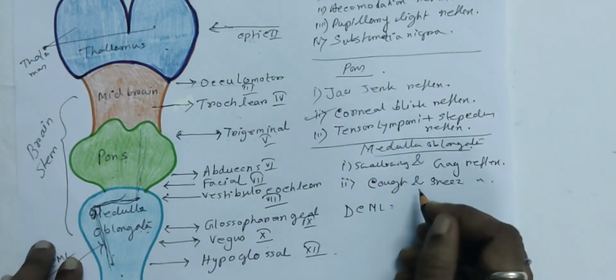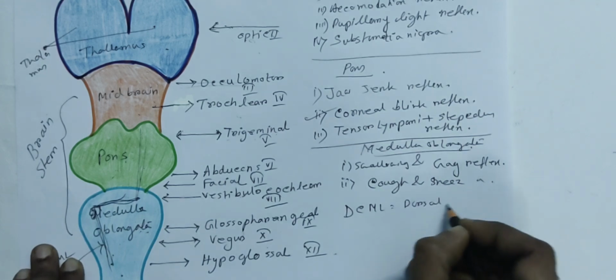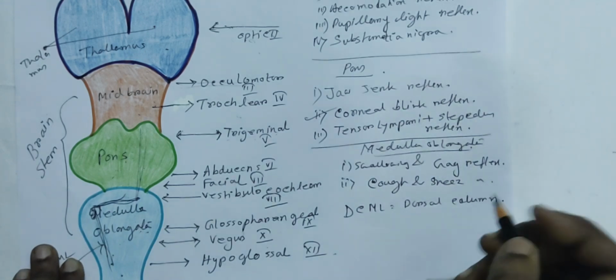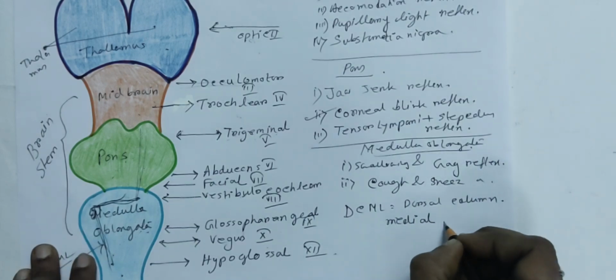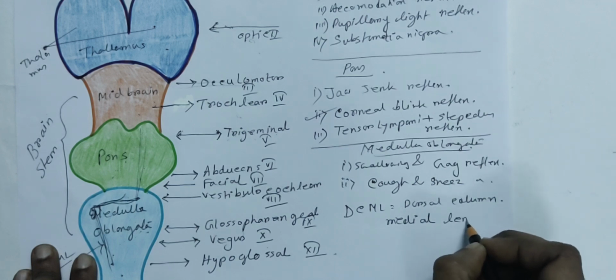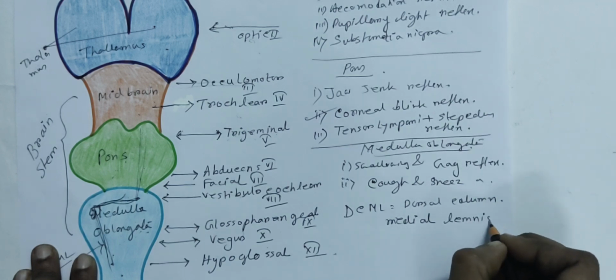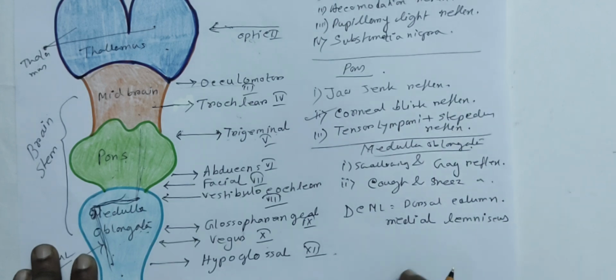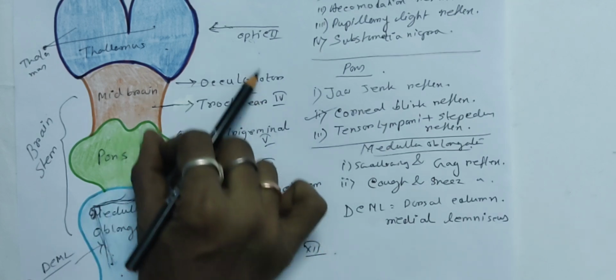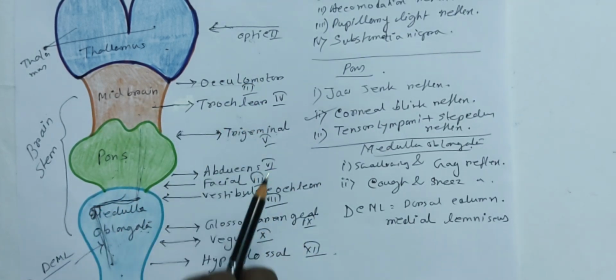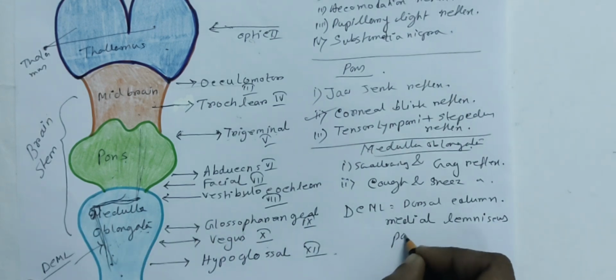This is the dorsal column medial lemniscus. It's a sensory pathway of the central nervous system. The sensory nerves group together to form this kind of pathway that is actually found in the medulla. So this is called the DCML, dorsal column medial lemniscus pathway.